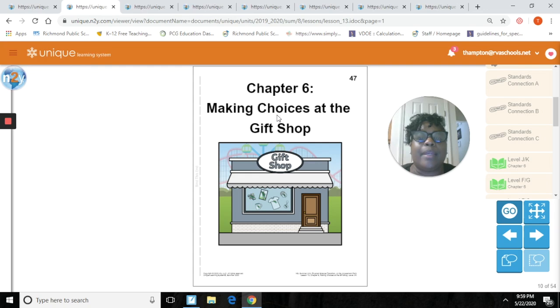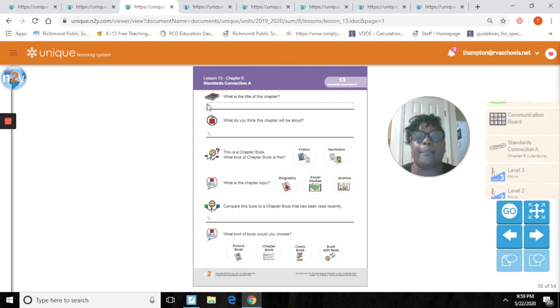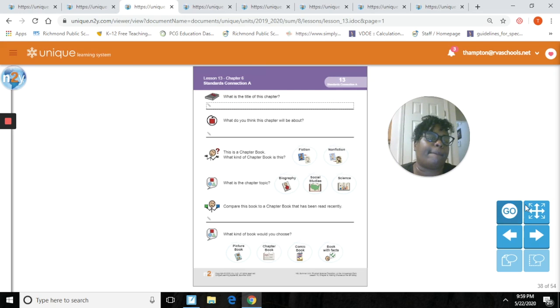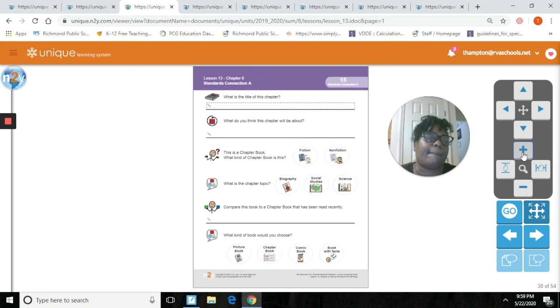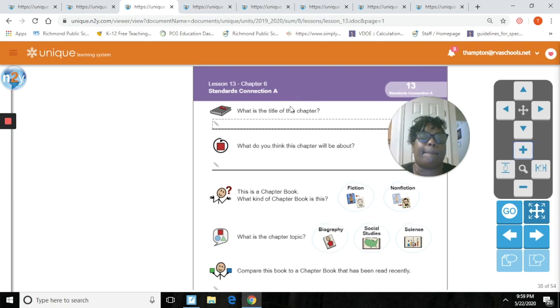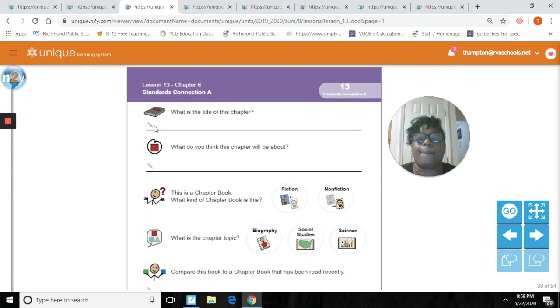Did you say Making Choices at the Gift Shop? Because if you did, you were correct, okay? All right. Making Choices at the Gift Shop.